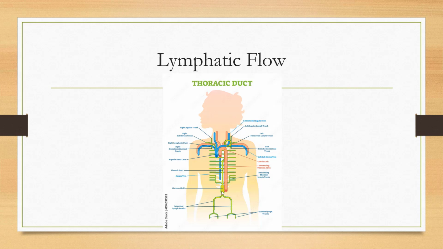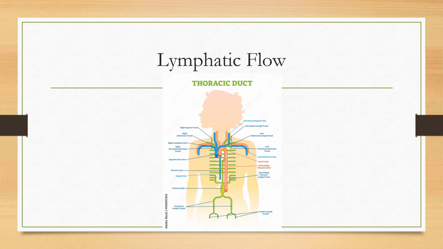The inferior segment of the thoracic duct lies anterior or in front of the vertebral column. From the second lumbar vertebra, it passes posterior to the diaphragm alongside the aorta, and then it's going to ascend along the left side of the vertebral column to the level of the left clavicle.